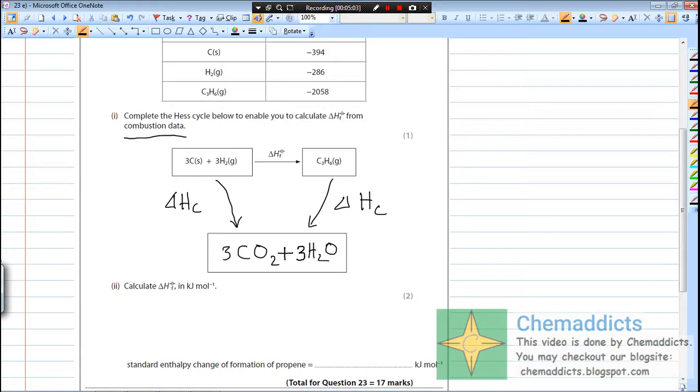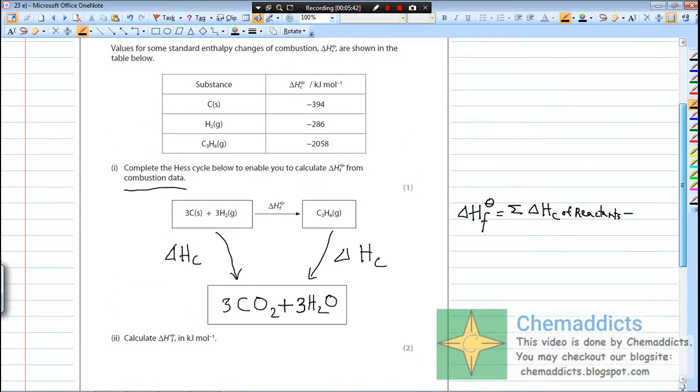This is a small calculation where small steps are required, so we will just use the general formula for finding the formation enthalpy: sum of combustion enthalpy of reactants minus sum of combustion enthalpy of products.